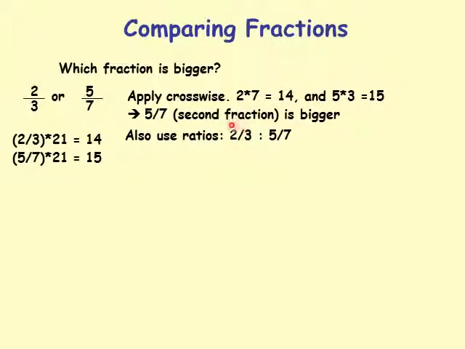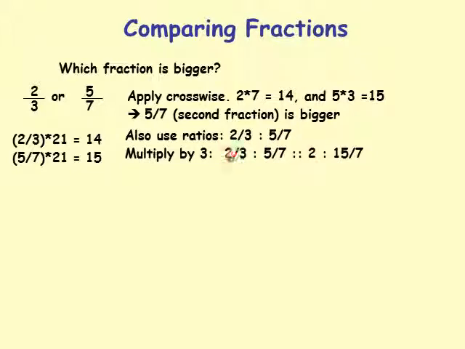You can also use ratios here. So we take the ratio of 2/3 to 5 over 7, and we want to find out which one is bigger. It's the denominator part that bothers us in comparing, so we remove those one at a time. Multiply by 3 to remove 3. So 2/3 to 5 over 7 is the same ratio as when we multiply this by 3 and this by 3.